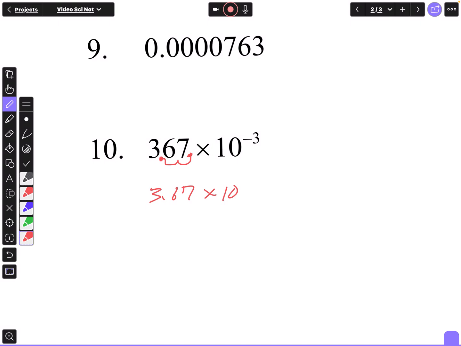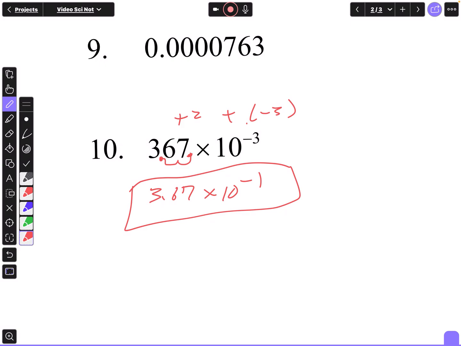But I still have this negative 3 here that I would add to it. Positive 2 plus negative 3 would equal negative 1. So the correct way for that number written in correct scientific notation would be 3.67 times 10 to the negative 1st power. And that's how you would handle those.